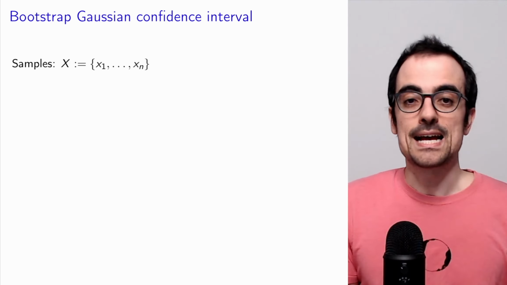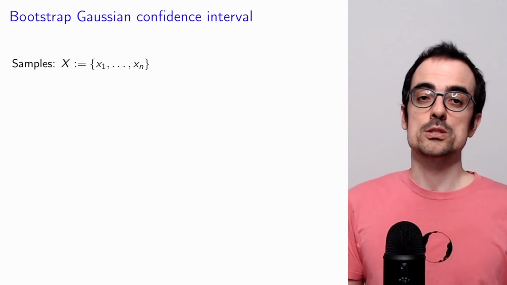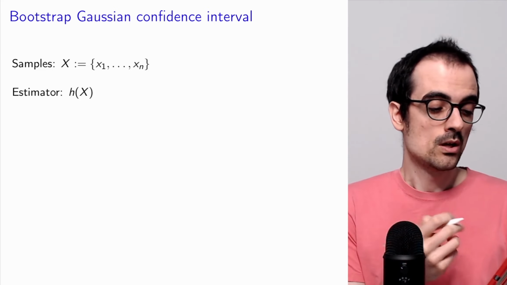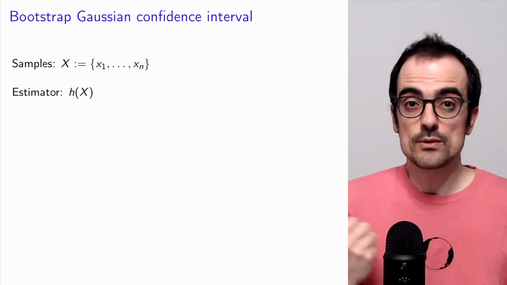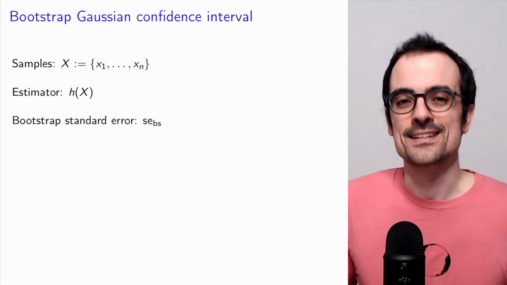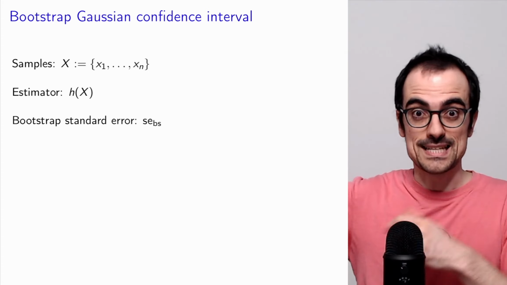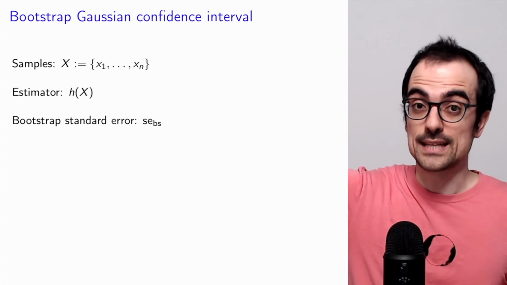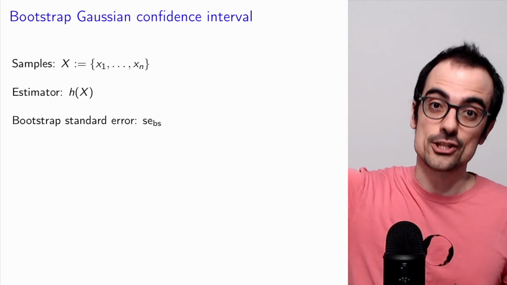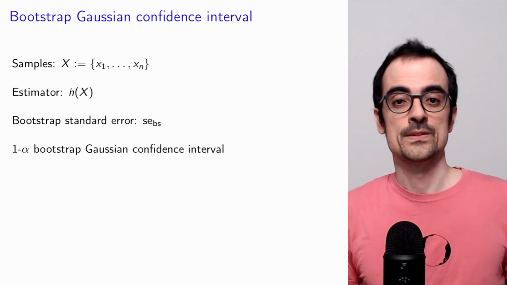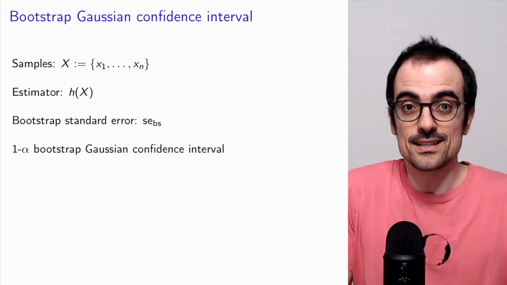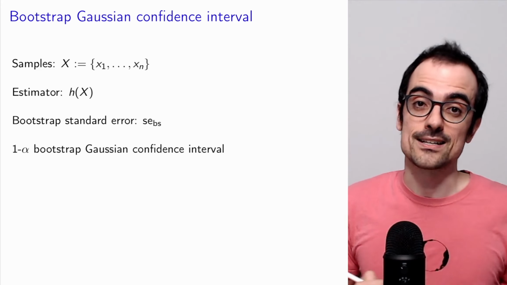So now we can apply this to build confidence intervals based on the bootstrap. We take our samples, we have the estimator of interest, and we compute the bootstrap standard error by taking a lot of bootstrap samples, computing the corresponding estimator values, and then the standard deviation of those estimator values. Then we just build a confidence interval, hoping that the distribution of the estimator is actually Gaussian.